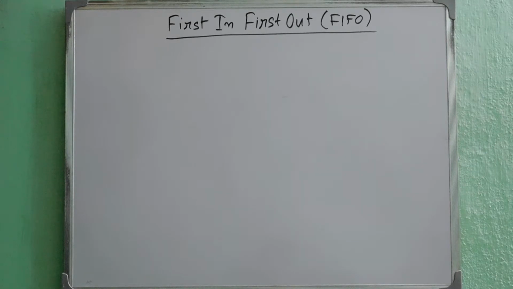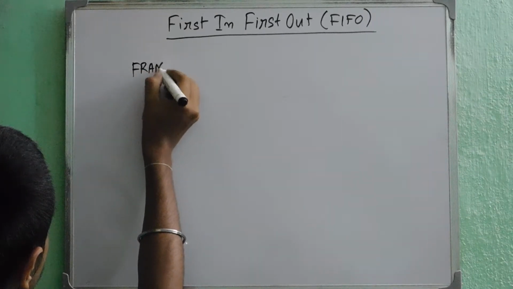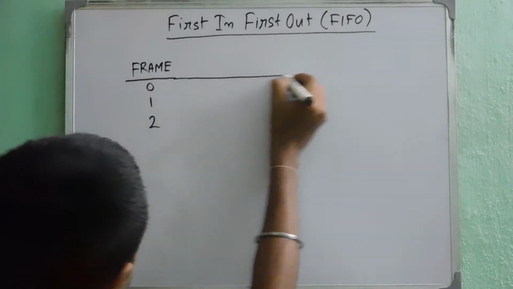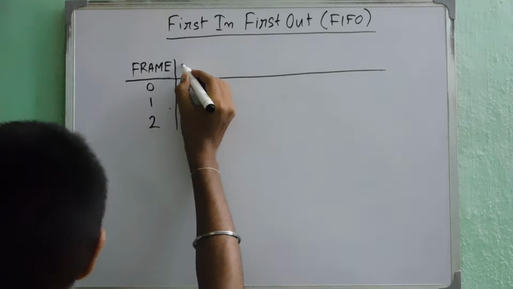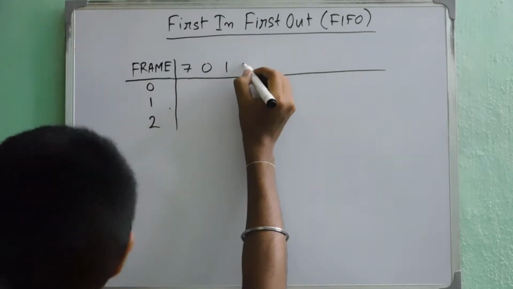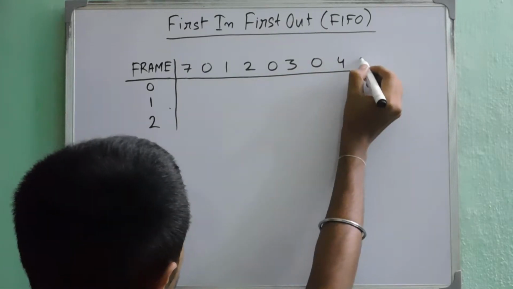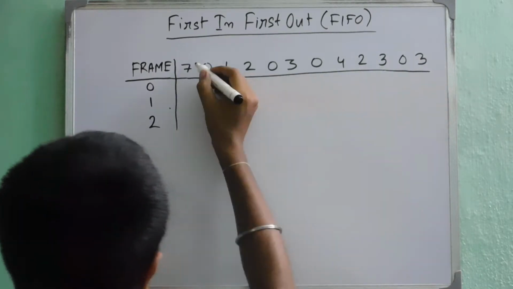There are 3 frames, and there are 12 pages. The page numbers have been given in the question. So there are 3 frames, 0, 1, 2, and the pages are 7, 0, 1, 2, 0, 3, 0, 4, 2, 3, 0 and 3.